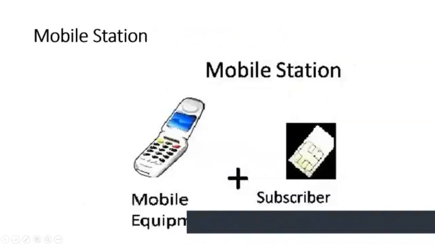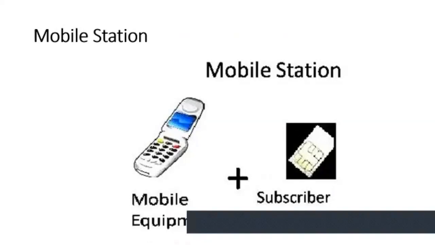This is a more detailed diagram of the mobile station. What is a mobile station? Mobile equipment plus subscriber. This forms the mobile station. Can anyone give me an example of a mobile station?